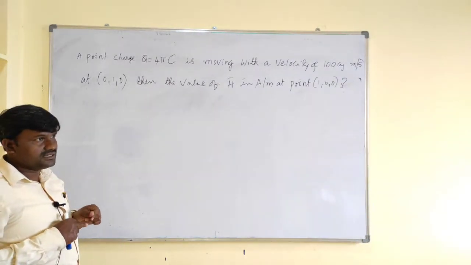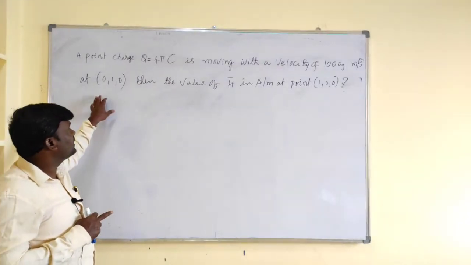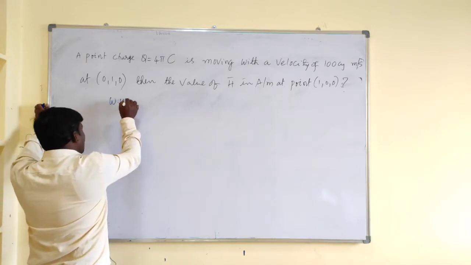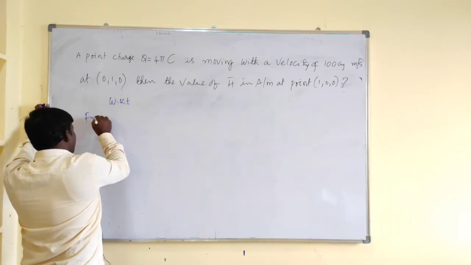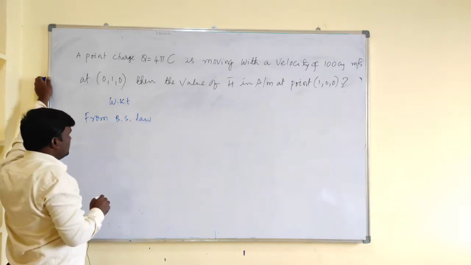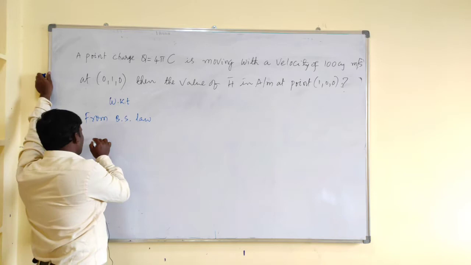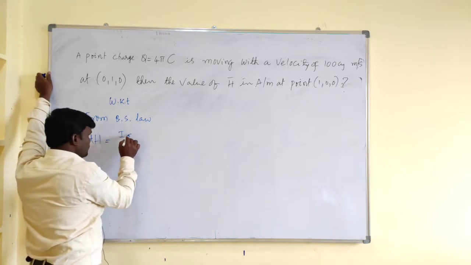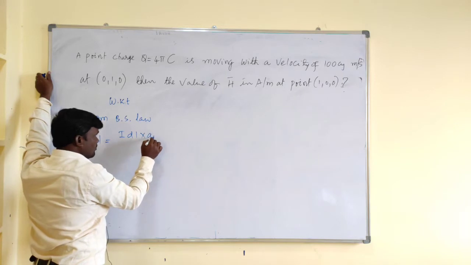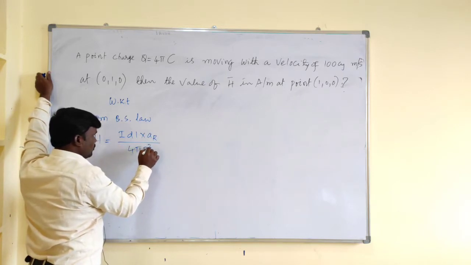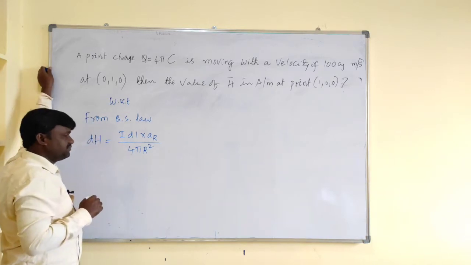The relationship between magnetic field and the current is given by Biot-Savart's law. dH is equal to I dl cross aR by 4 pi R square, in vector notation.